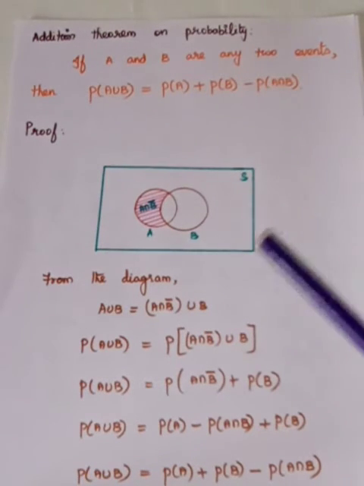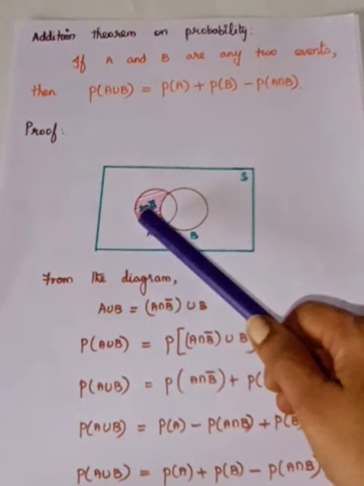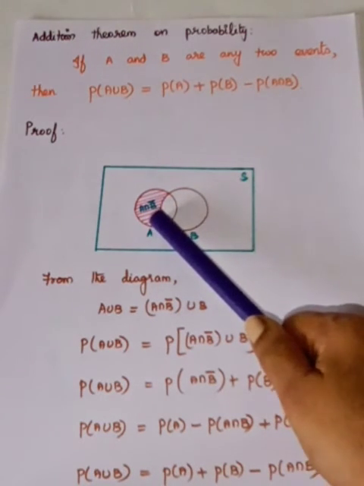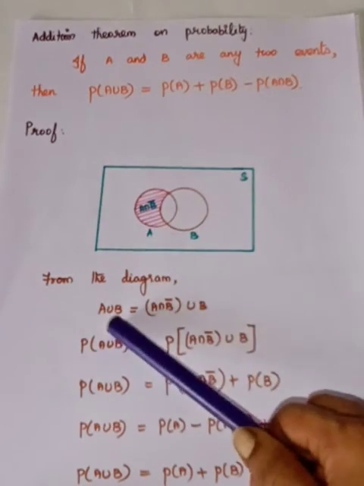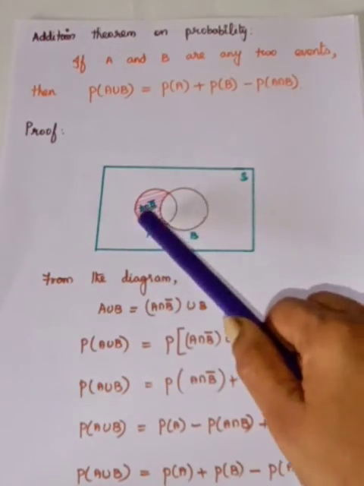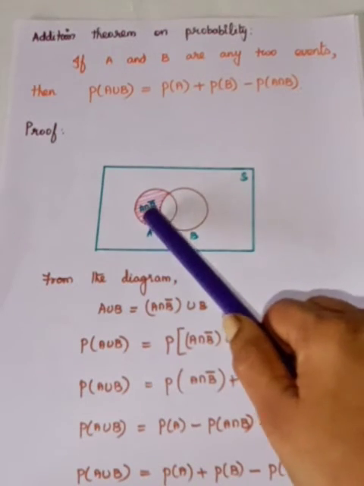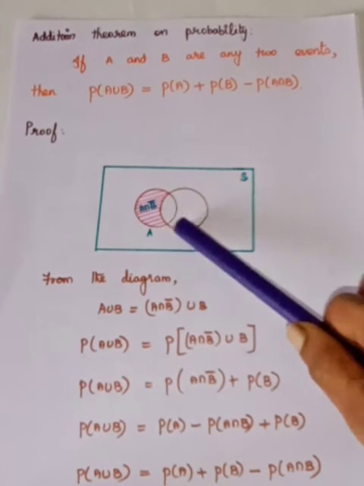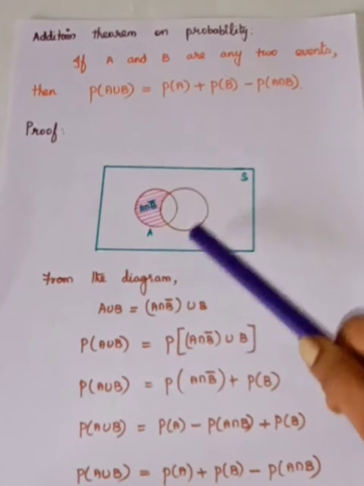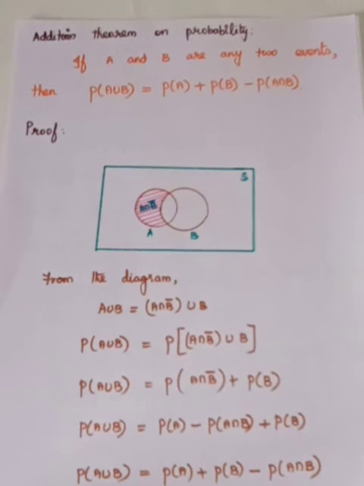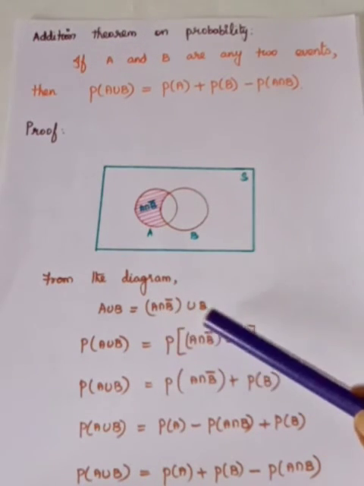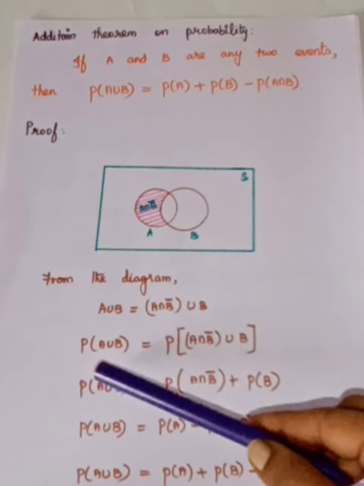Take this diagram, the sample space. Here I have marked A intersection B bar. Now, how can you write A union B? A union B can be written as A intersection B bar union B. In the pink colored part, if you join the whole of B, you will get A union B. Apply probability on both sides.